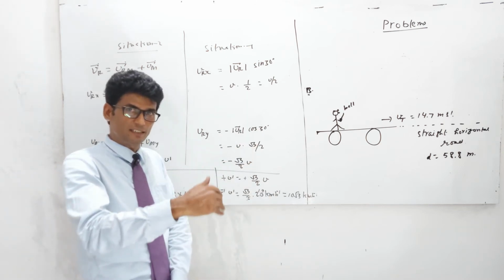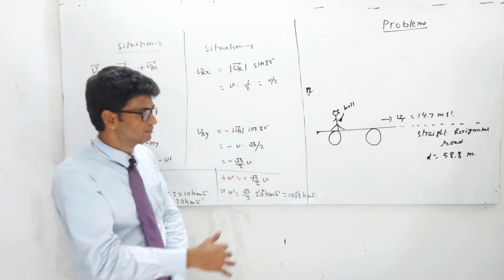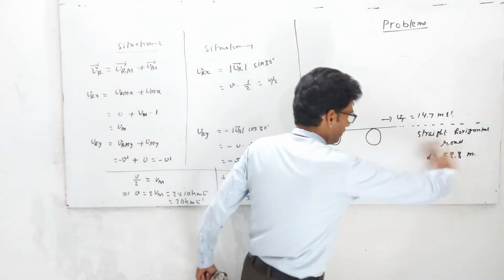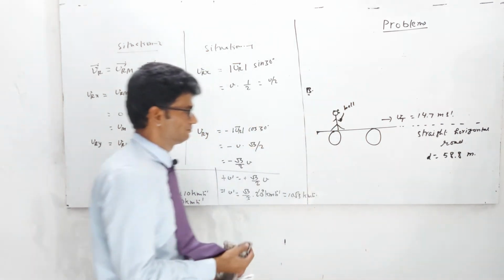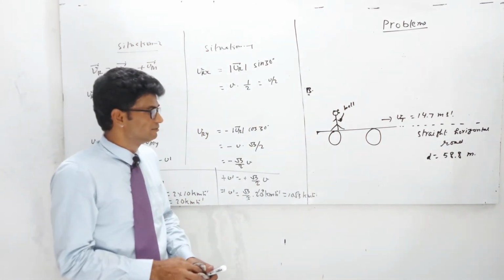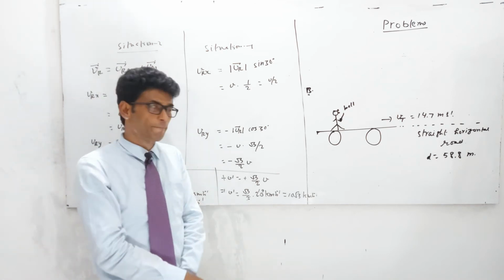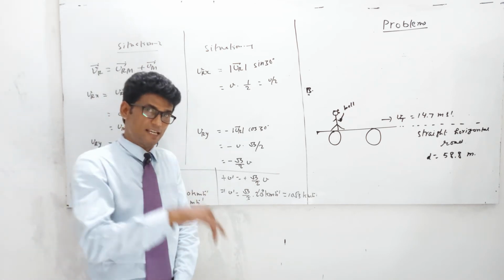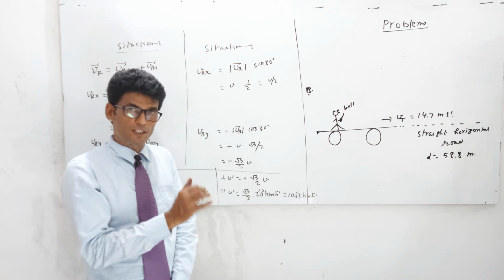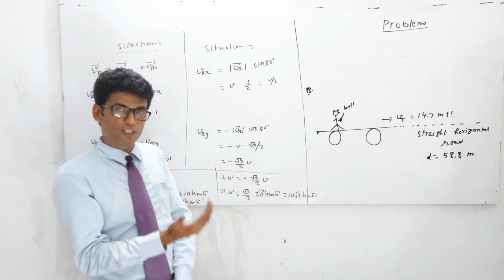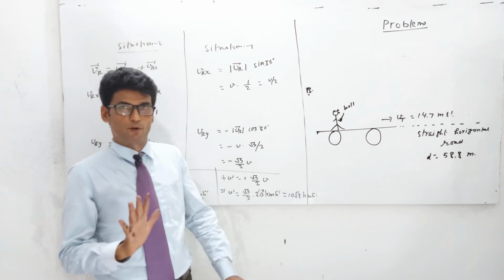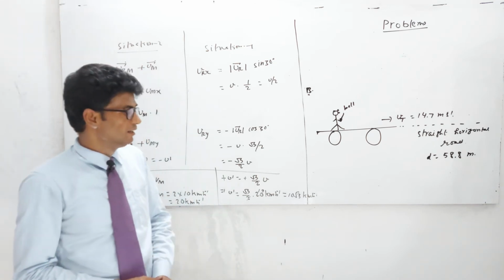During that period, the truck has covered a distance on the straight horizontal road of 58.8 meter. Then we have to find the speed and angle of projection of the ball with respect to the truck, and the same with respect to the ground. That's the problem. We are going to solve it.